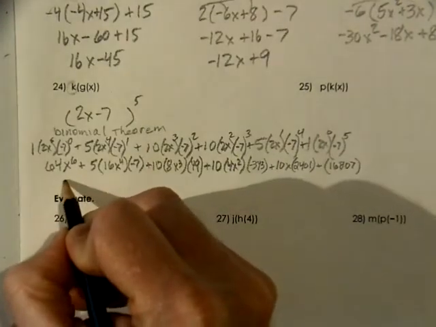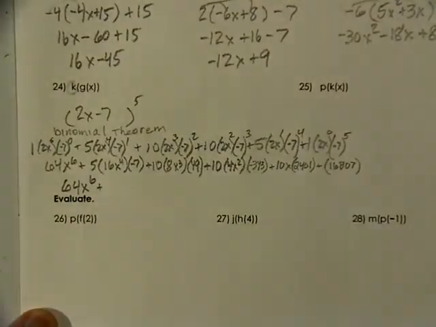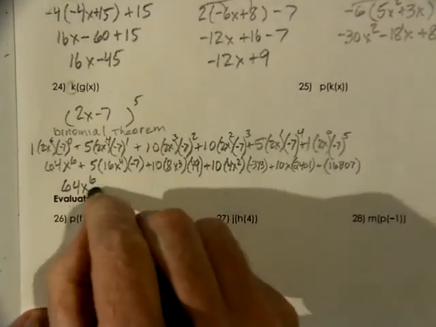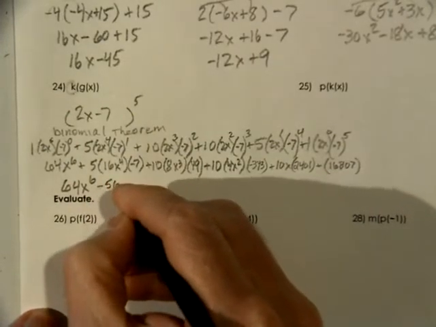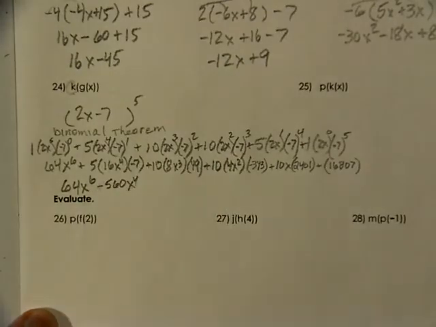Alright, well, there's nothing to do with the 64x to the 6th. Here we get 5 times 16 times a negative 7, which is actually a negative 560 x to the 4th.